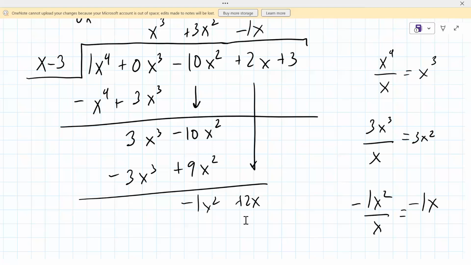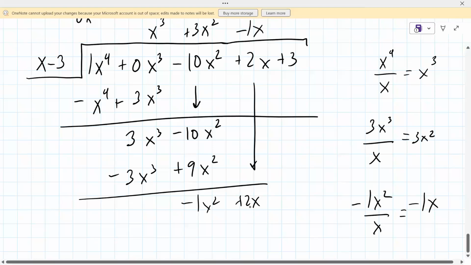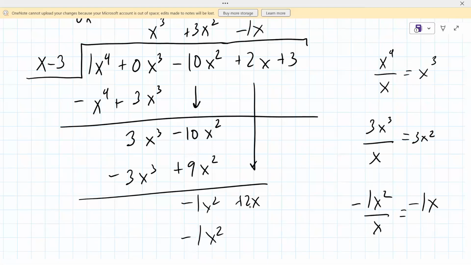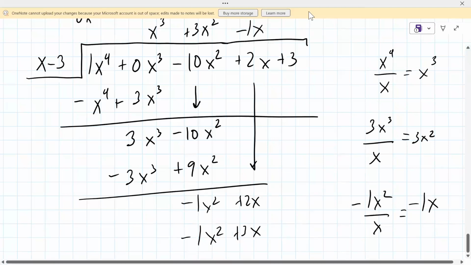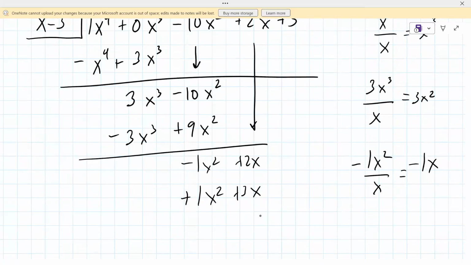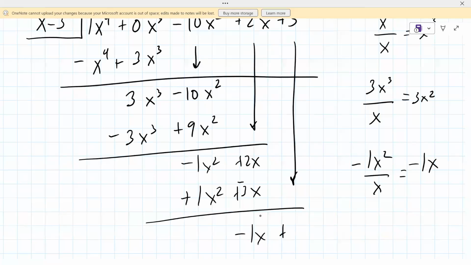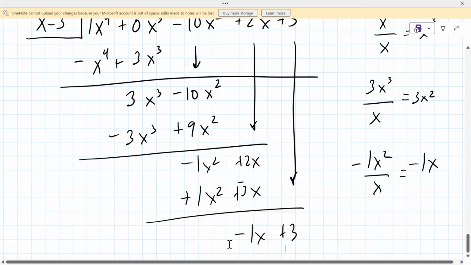Okay, I got negative 1x squared minus 3x. Plus 3x, because you've got a negative 1 times a negative 3. Yes. And then you change the sign, so you get minus 1x and bring the plus 3 down.